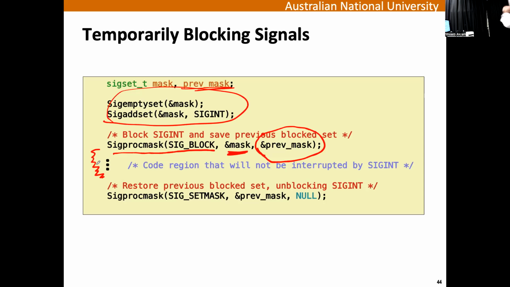So this is how you block and unblock certain signals. You keep two masks, one where you add signals to the set. You call sigprocmask and you store the previous mask, which is the last argument of sigprocmask, and then you set the mask with the same function, and this will restore the previous blocked set, unblocking SIGINT.